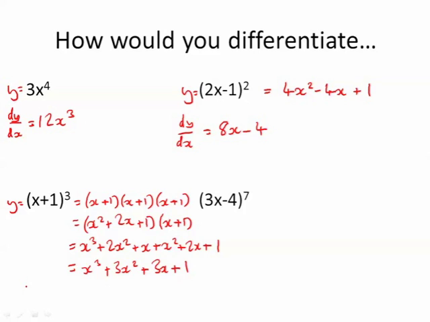I'm a bit bored of this already, but still we're getting the answer. dy/dx equals 3x squared plus 6x plus 3.